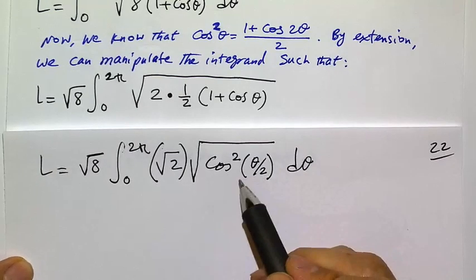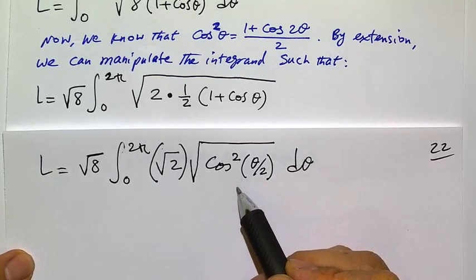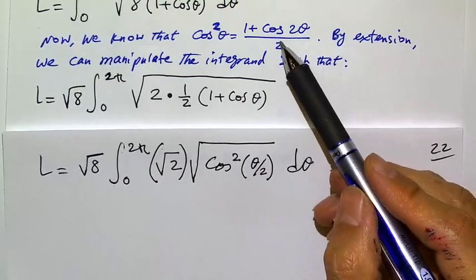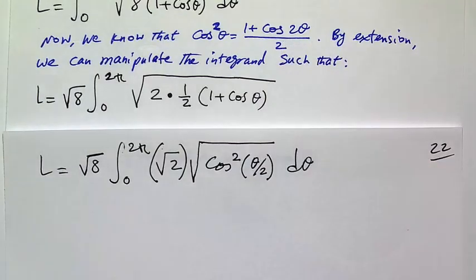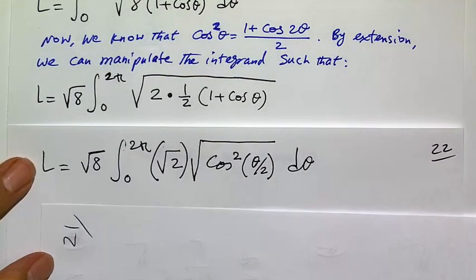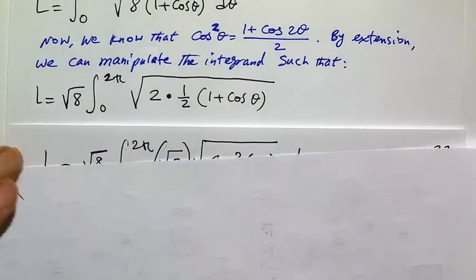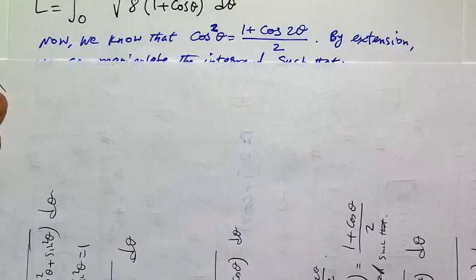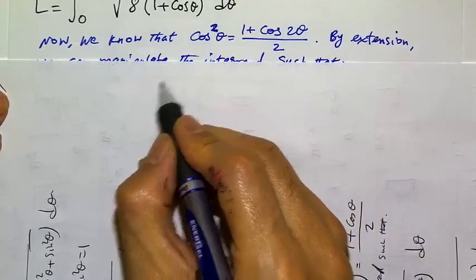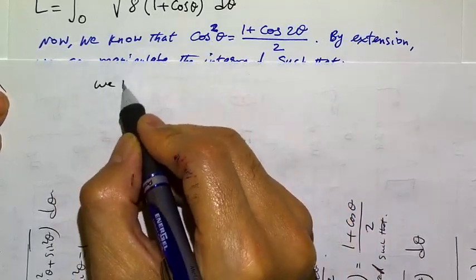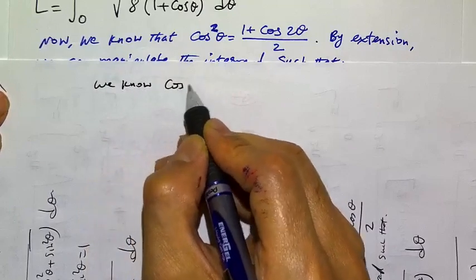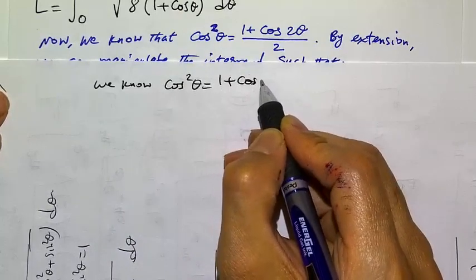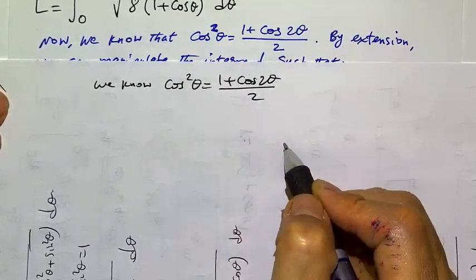Okay, so now if you apply the formula, let me apply it on a piece of scratch paper. We know that cosine squared theta is equal to 1 plus cosine 2 theta over 2, right?